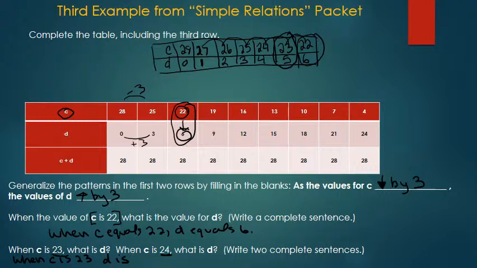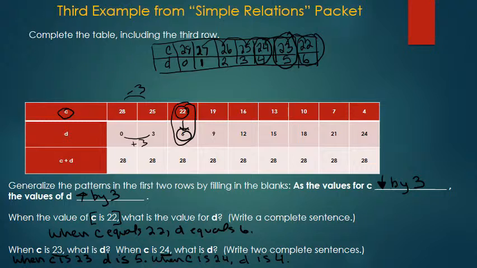So 23 and 5, so D is 5. Now we also wanted to see when C is 24, so here is where C is 24. So when C is 24, D is 4. Okay, so that answered that last value.